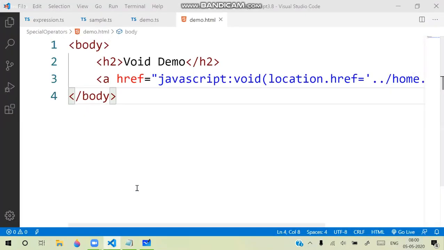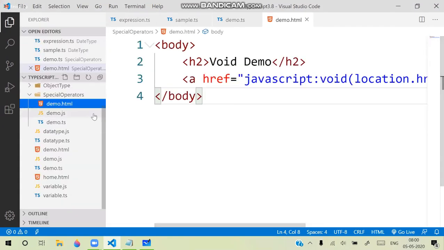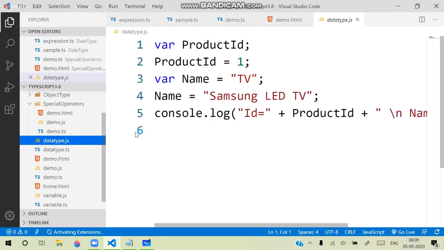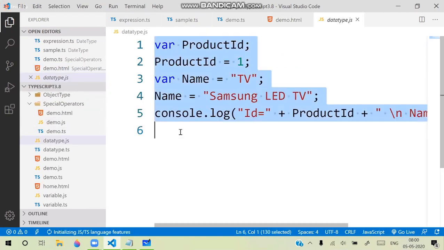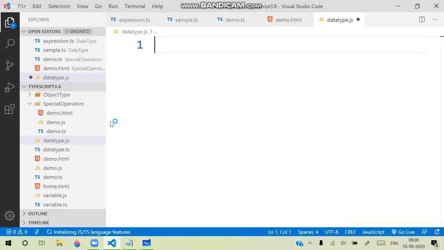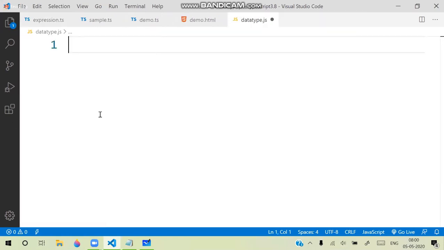For example, suppose I am writing some JavaScript. JavaScript also supports class. What a class is, I will tell you later.